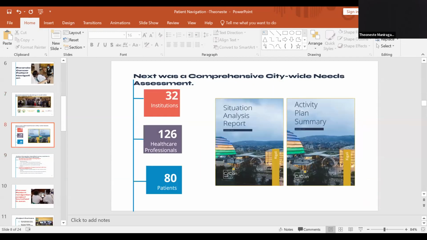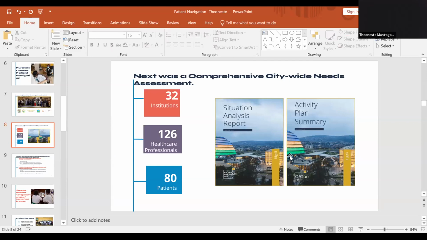Before we implemented the project, we did a situation analysis report, and then we did an activity plan summary in the city of Kigali. 32 institutions participated in Rwanda to show the gaps which were there, and 126 health professionals participated, and we also included 8 patients to tell us what the gaps were.